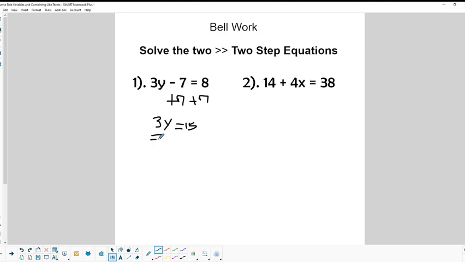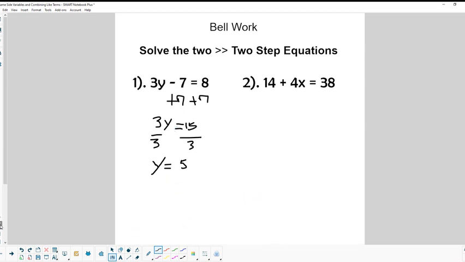Then we divide both sides by 3, and that would just leave us with y equals 5. So if we have a two-step equation like this, it's pretty easy to solve for the variable and get it down to what y has to equal to make this equation balanced on both sides.